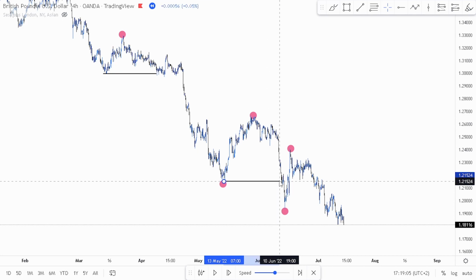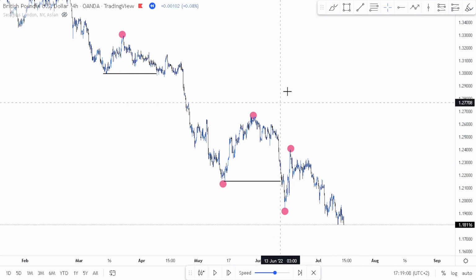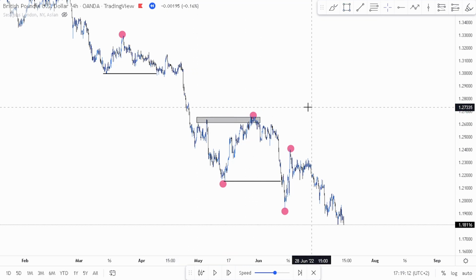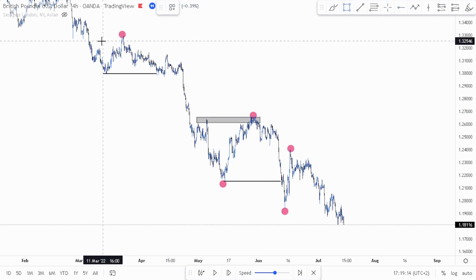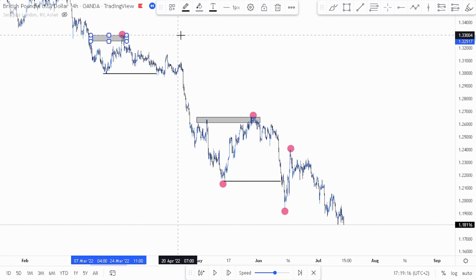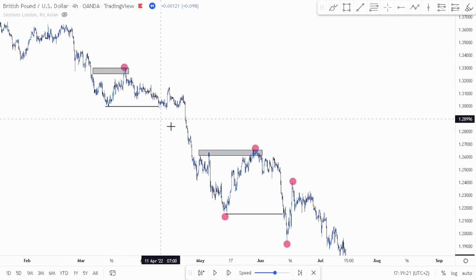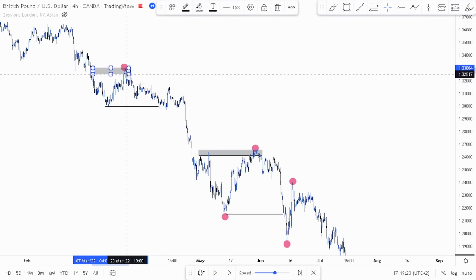So as you can see, we keep on breaking to the downside. So these are the levels of supply that I'm talking about that push order flow to be bearish. So the banks keep on executing their entries right over here, pushing price to go even lower and lower and lower.